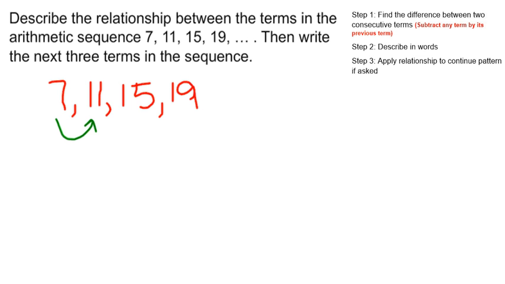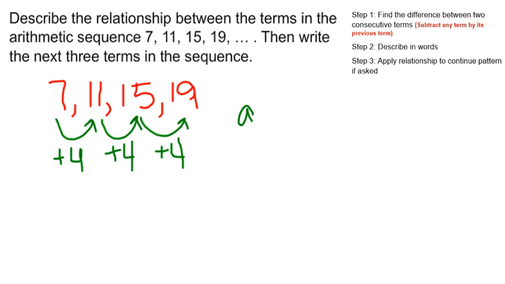We're going to say 11 minus 7 is plus 4. 15 minus 11 is again 4, and then 19 minus 15 again is 4. So the pattern we're seeing here is that we are going to add 4 to the previous term.